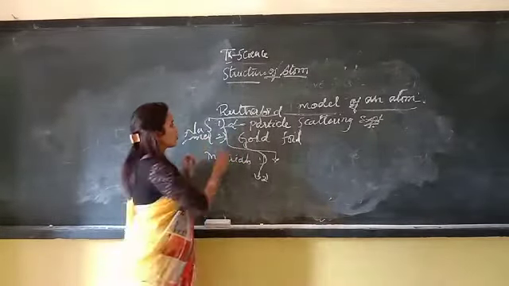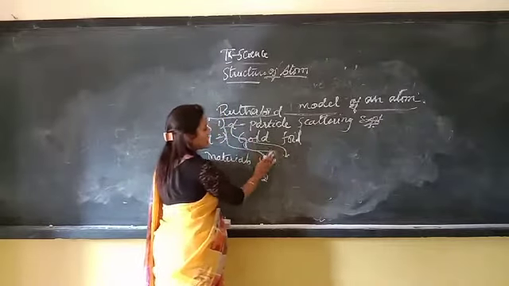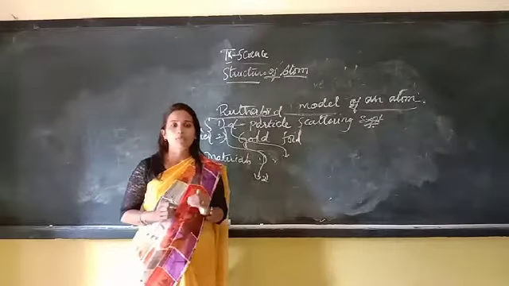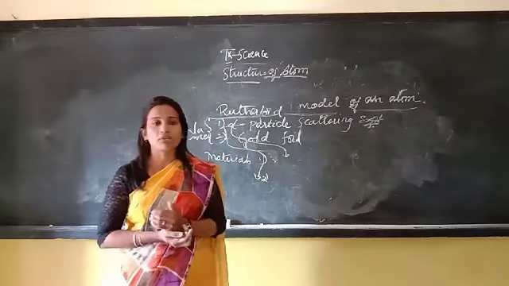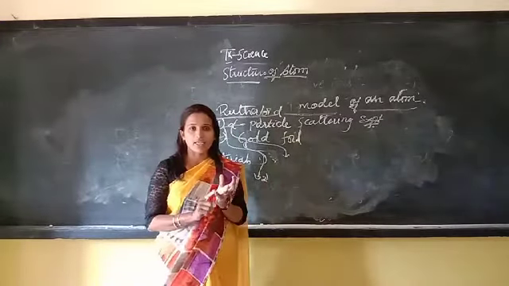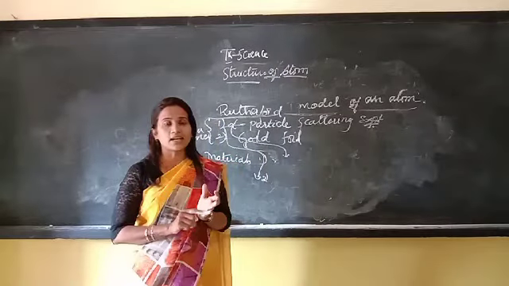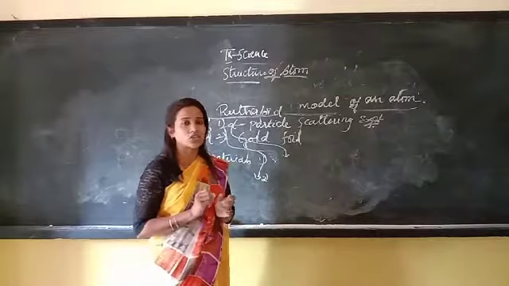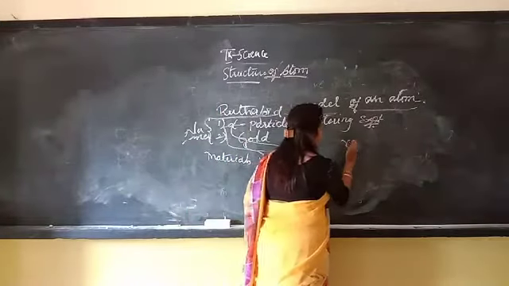Let me move on. What do you mean by alpha particle? I hope you have heard in your previous classes about alpha rays, gamma rays, beta rays, and UV rays. What do you mean by rays?